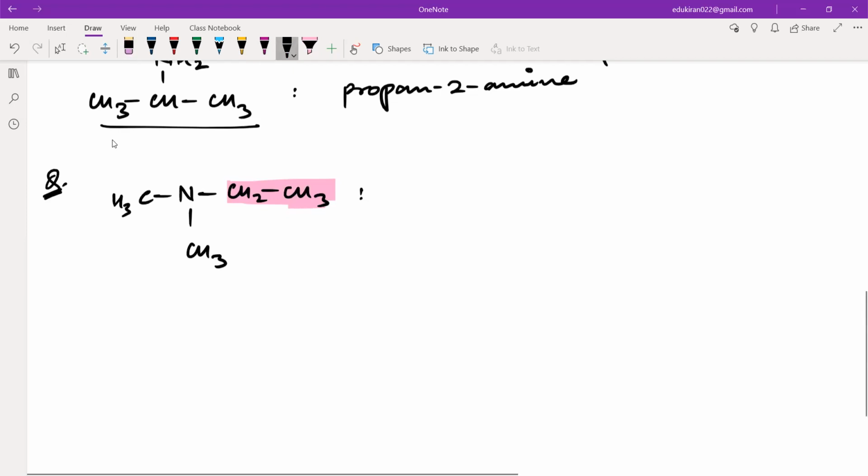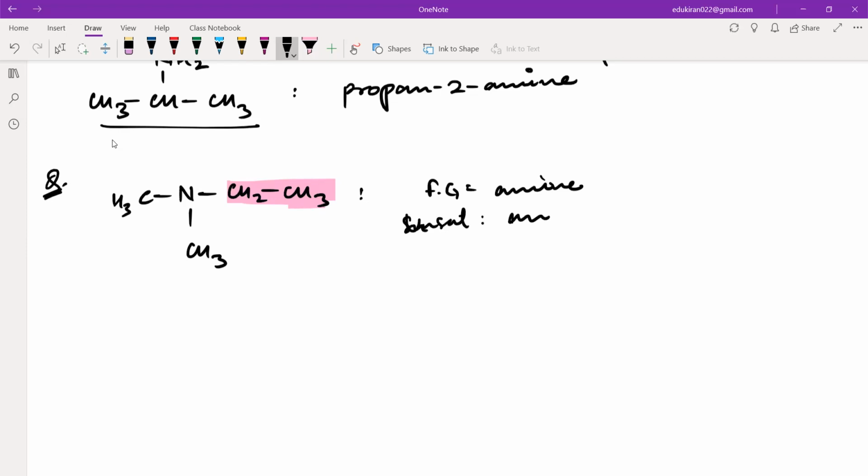So how are you going to name this? You have ethane amine. Here you have the functional group, the amine, and the parent is ethane. Then let us talk about the substituent. The substituent is dimethyl. In which carbon is it attached? It is not attached to any of the carbons.